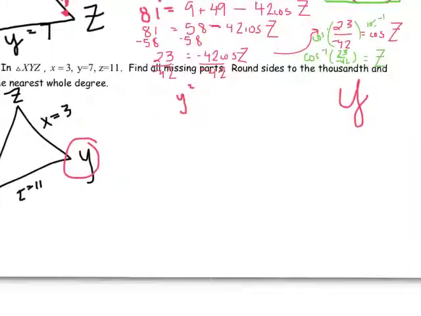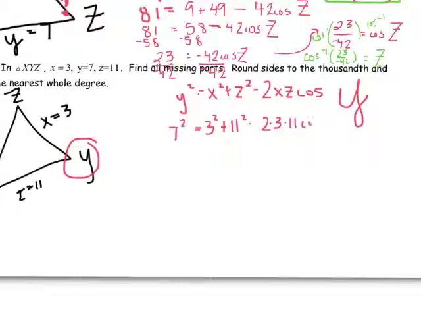So I have Y squared equals X squared plus Z squared minus 2XZ cosine Y. So I know Y is 7, X is 3, Z is 11, cosine Y. So if you want to pause this, you can. Go ahead and try to do it yourself. I have 49. 9 plus 121.